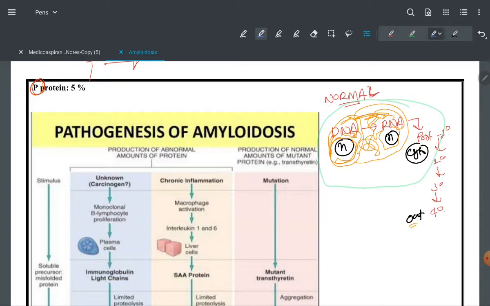Now this one is normal. In the extracellular content, in the normal state it goes on for further function. It may be in the form of an organ, tissue, or anything. But in case of amyloid, what happened? Actually it is normal, but when it is abnormal, it means it is a pathogenic condition.